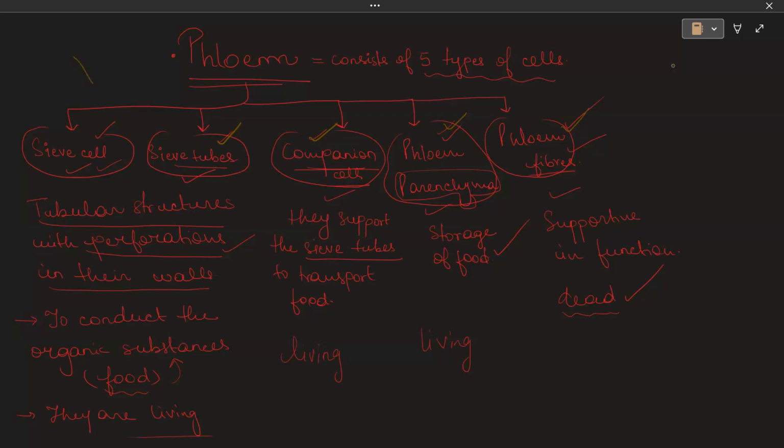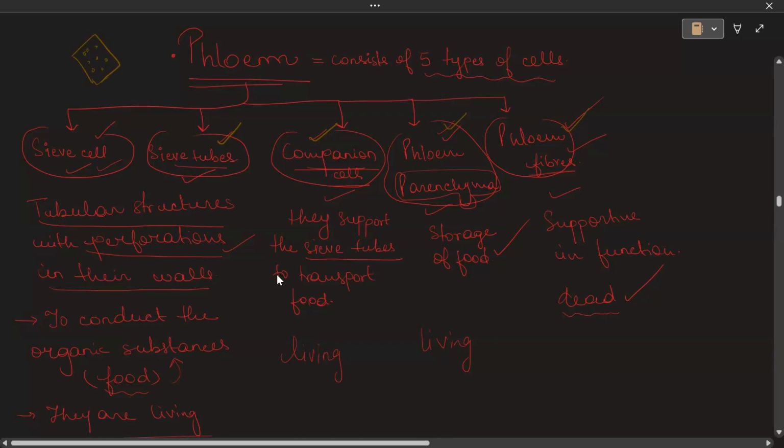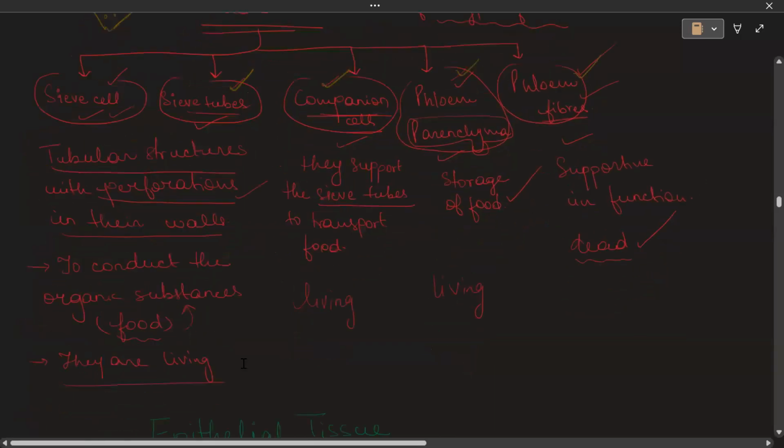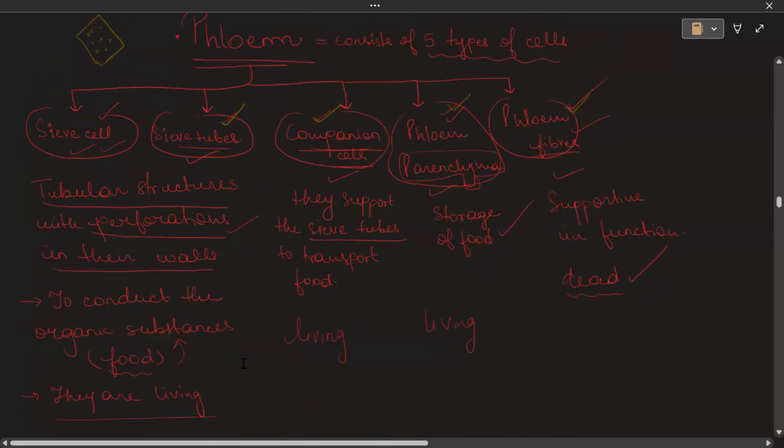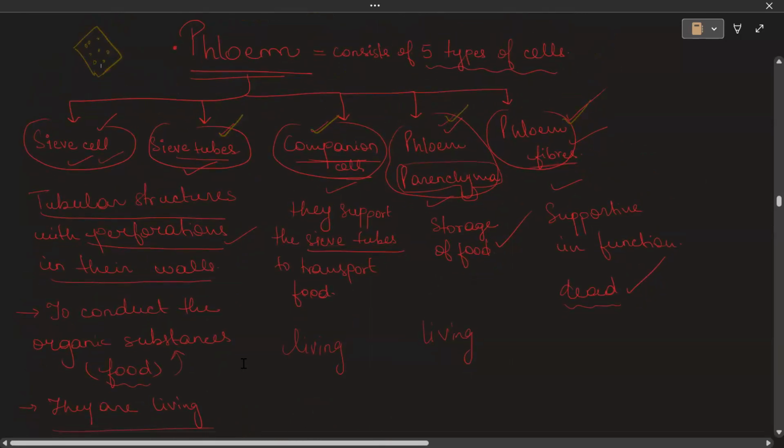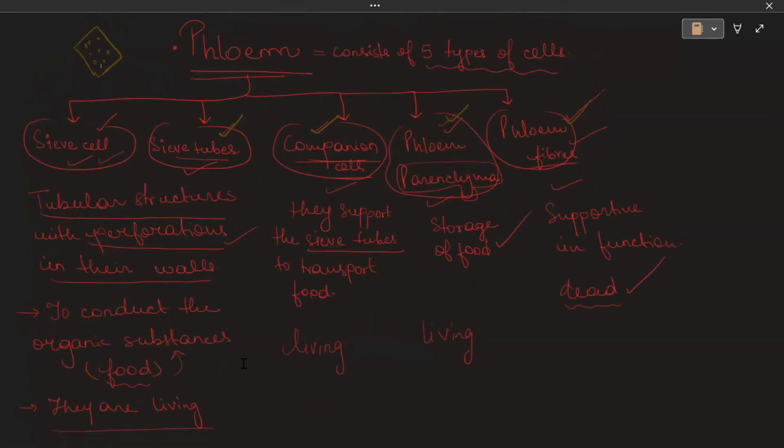It means that the wall of the sieve cell or sieve tube has many holes present. They conduct the organic food substances, and both of these are living tissues, meaning protoplasm is present.